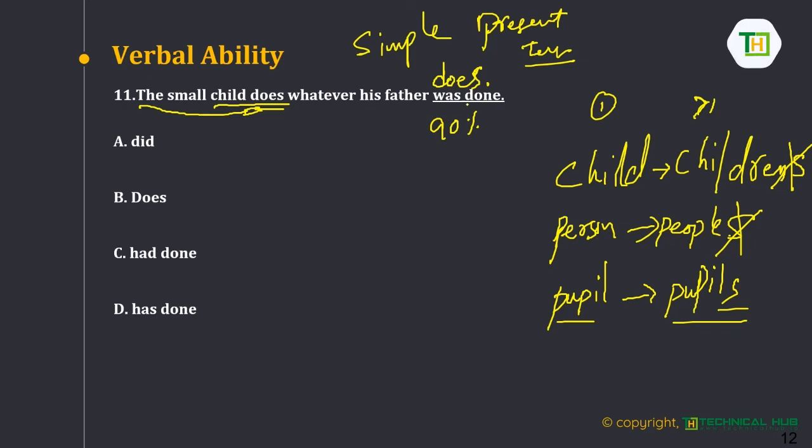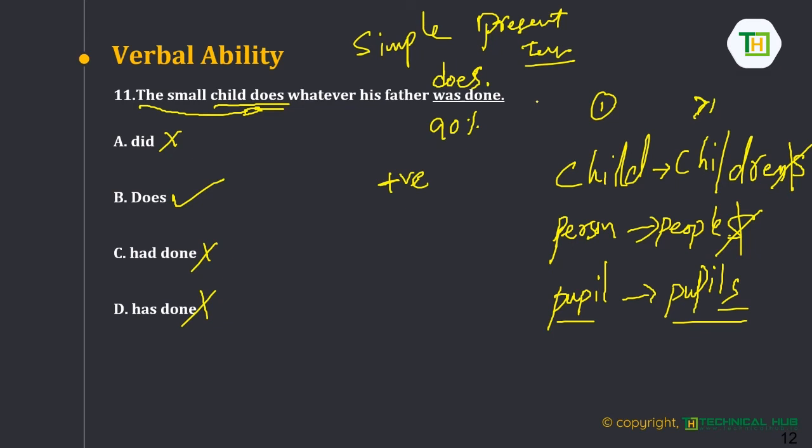Because you get habits because of the people around you. That's why great people always say you should surround yourself with positive people. Positive people means they have positive thoughts, and they always motivate you and help you succeed in life. So here does is there. Obviously, next also only does will come. Did will not come, and had done or has done will not come.